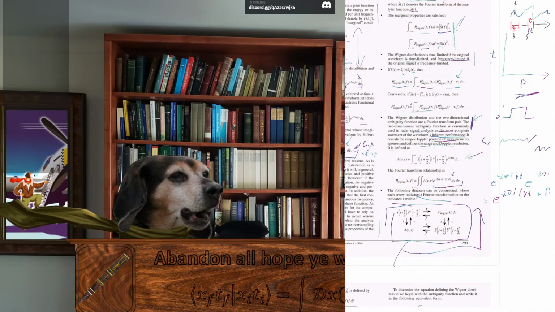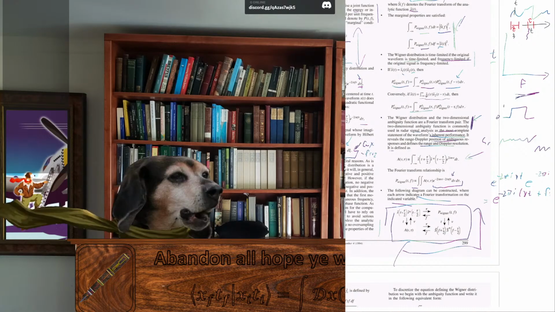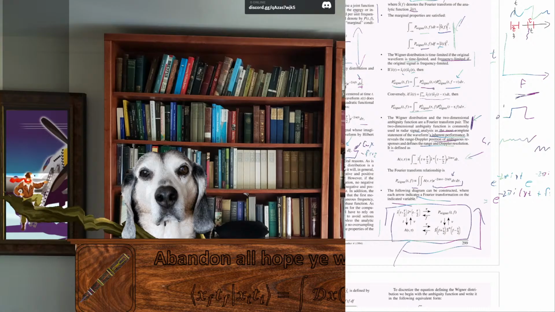Conversely, if S tilde of t is the integral dt, and that becomes the integral of t d tau. Let's see. So if it's just multiplying the two t's, versus if it's offset, so if this is a convolution, I believe this is just a convolution between the two. Then, okay.